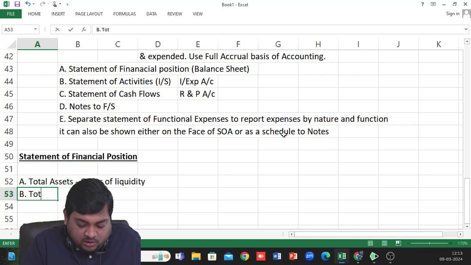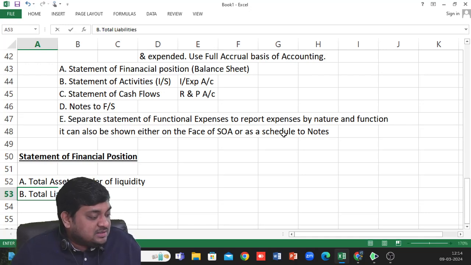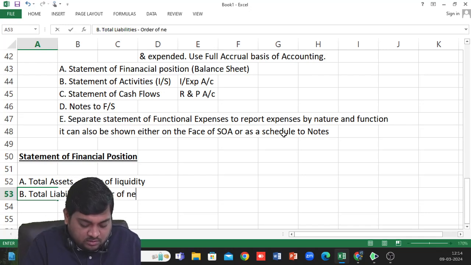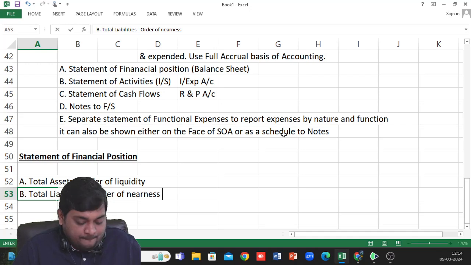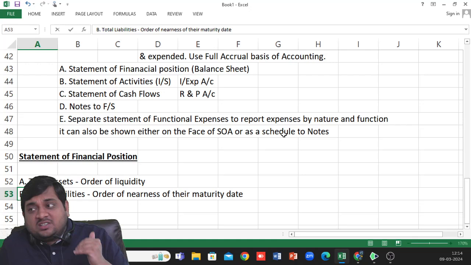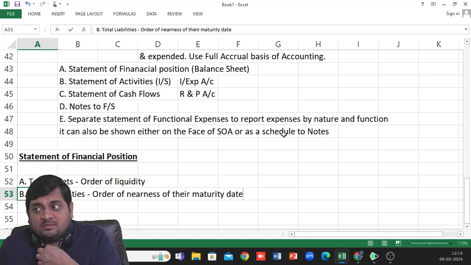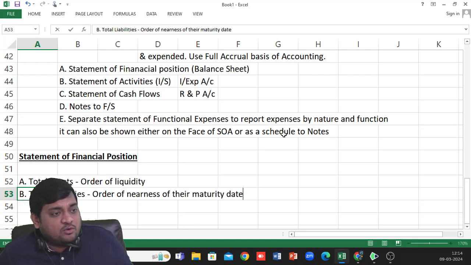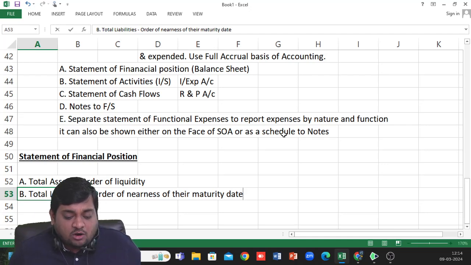Then we have to report total liabilities, in order of nearness of their maturity date, the one which is payable in the next few months, right?